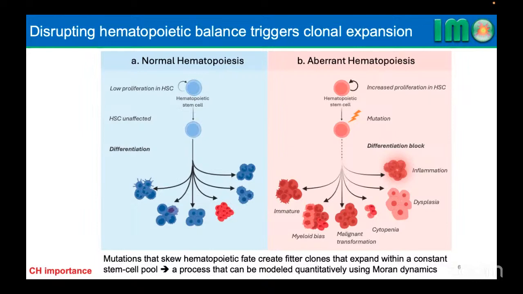Then a differentiation block happens, and side effects could occur, like cytopenia, immature cells, or inflammation. So this imbalance of proliferation, stemness, and differentiation makes CH. This imbalance is another piece of bad news for us.